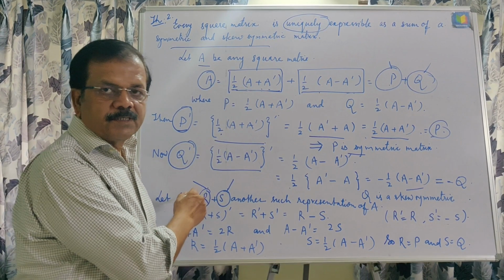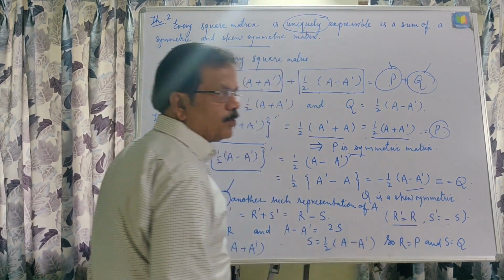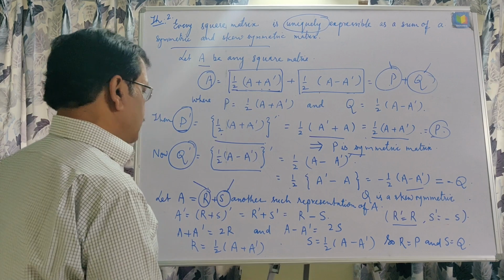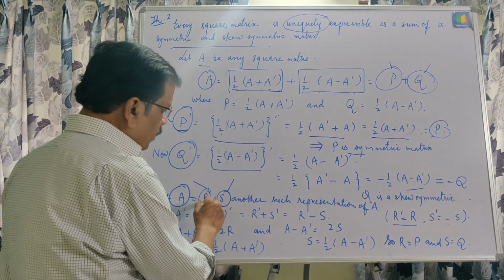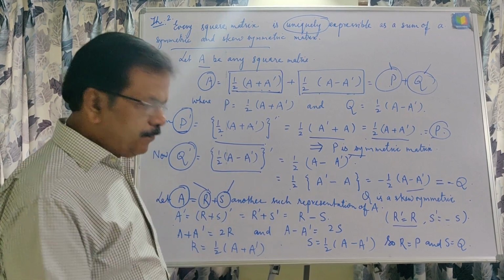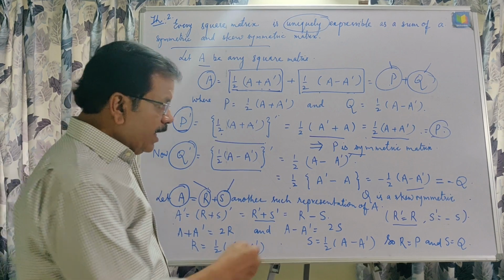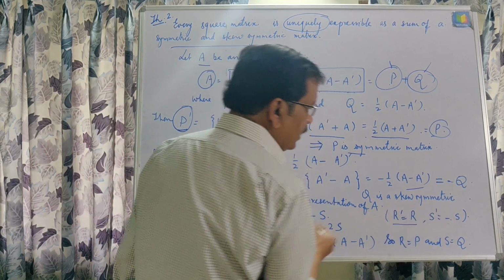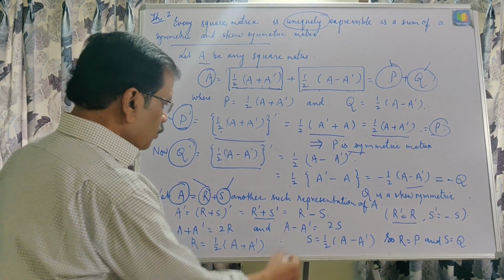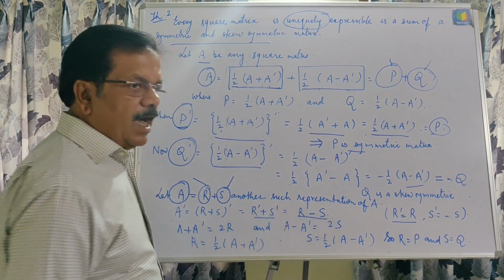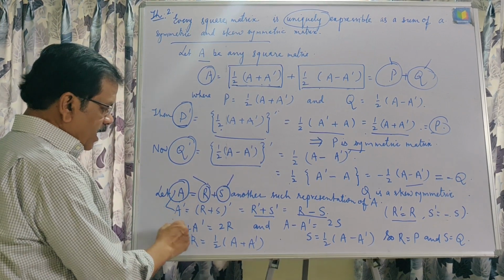If R is symmetric, then R transpose will be equal to R and S transpose will be equal to minus S. We can see A transpose is equal to (R plus S) transpose, that is R transpose plus S transpose, but S transpose is equal to minus S because we assume here S is a skew symmetric.